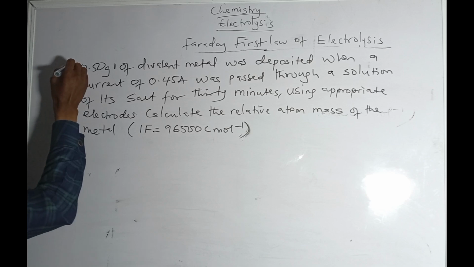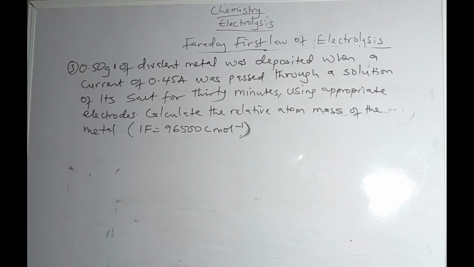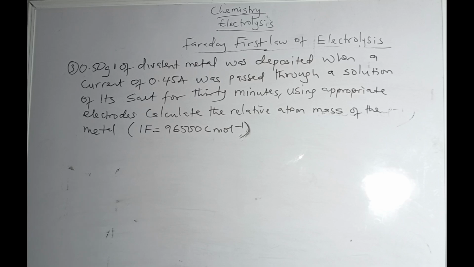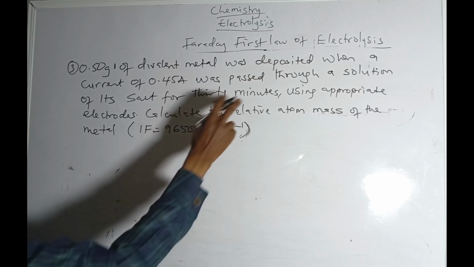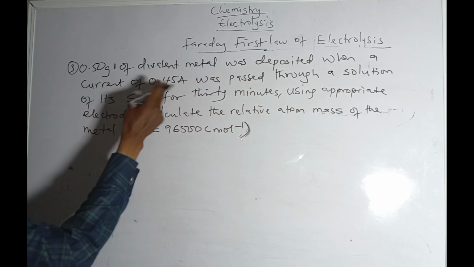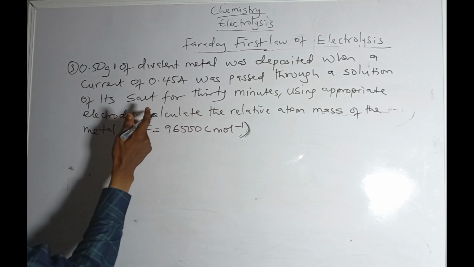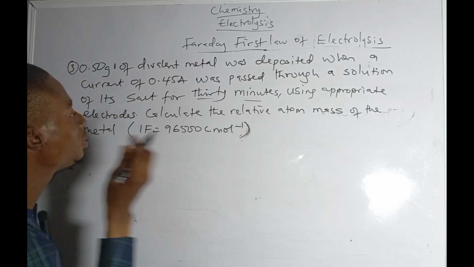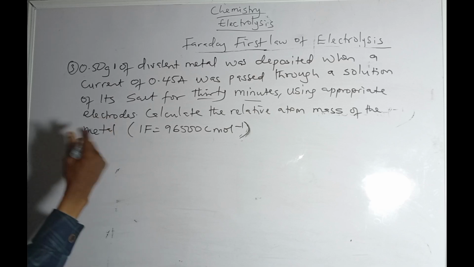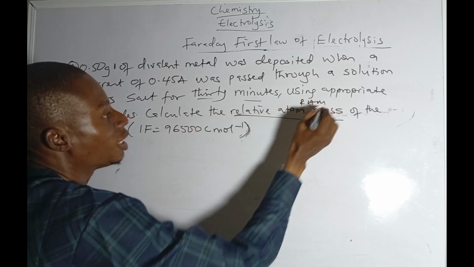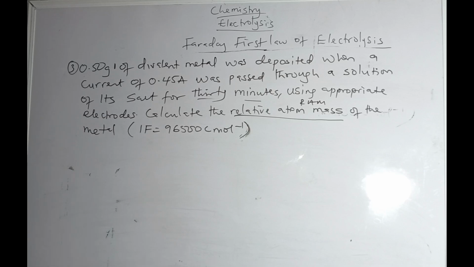The third example: 0.5 gram of a divalent metal was deposited when a current of 0.45 ampere was passed through a solution of its salts for 30 minutes using appropriate electrodes. Calculate the relative atomic mass, that is RAM. So they're asking us to find the RAM of the metal.